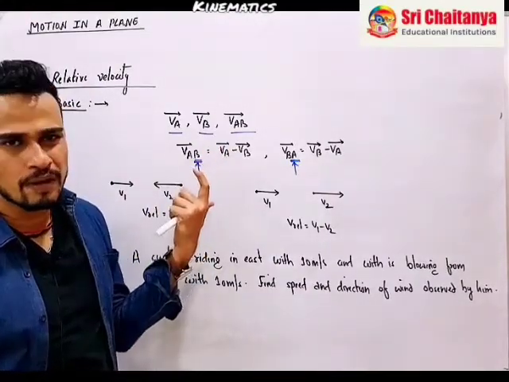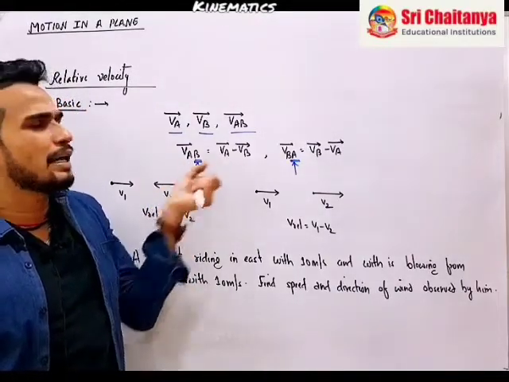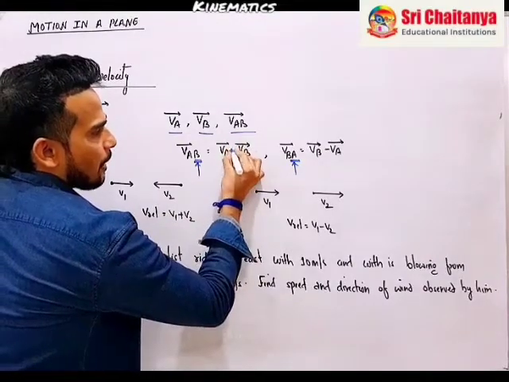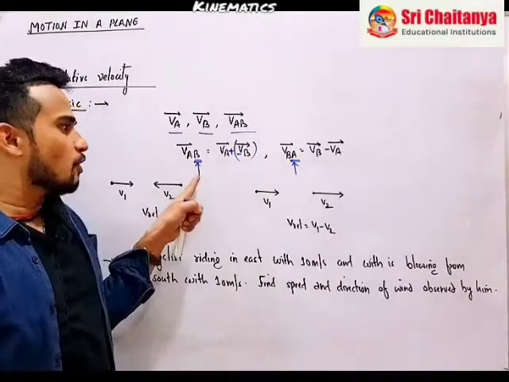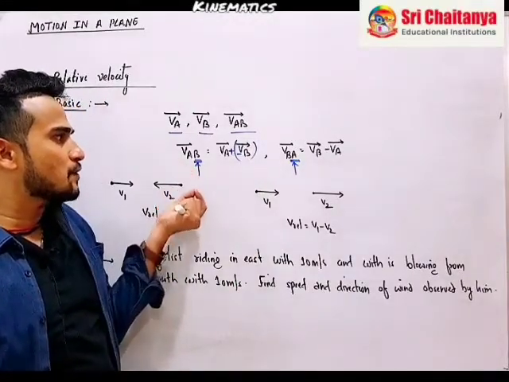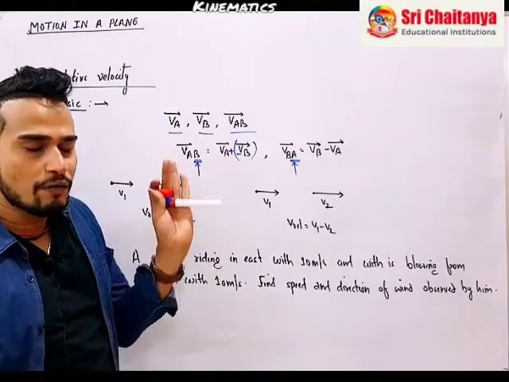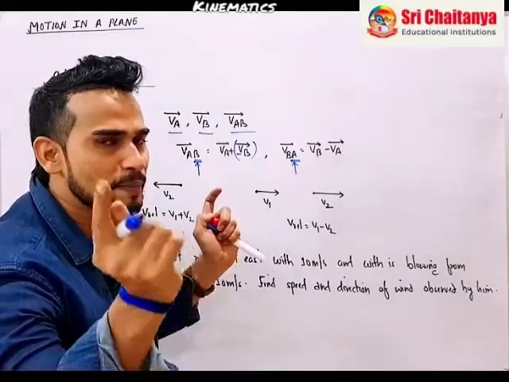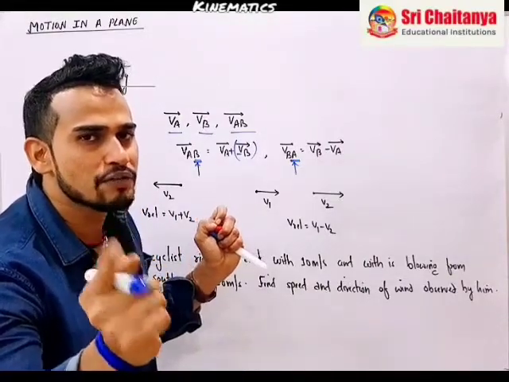So actually what is VAB? VAB is VA minus VB. Actually it is not simply VA minus VB, it is VA plus of minus VB, because B is the observer, so B is giving his velocity in the opposite direction to A. If you talk about the velocity of A with respect to B, that means B is the observer, and in physics the observer always treats himself at rest.